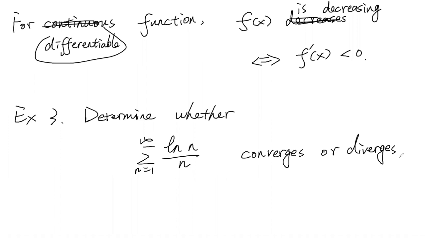As you can see, this series is complicated. If you try to use the definition of convergence and divergence, in which you calculate a partial sum and try to calculate the limit of the partial sum, you'll find calculating the partial sum of this series is very difficult. But since we have learned the integral test, one test for convergence, we can try to use this test. Solution: use the integral test.